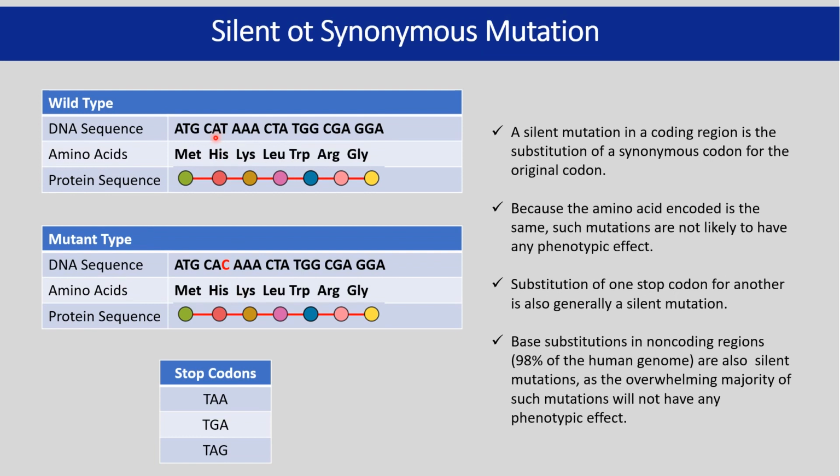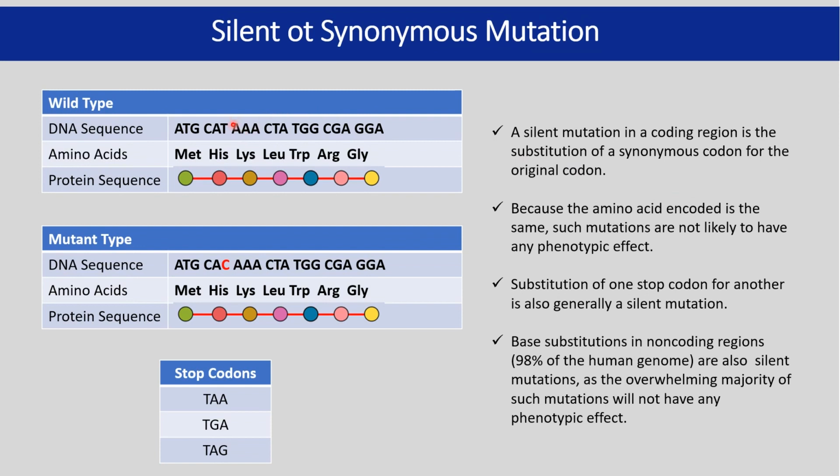So CAT, which codes for histidine, has the T mutated to C. Now we still have histidine, because CAC also codes for histidine. So there will be no change in the phenotype or in the property of this protein.